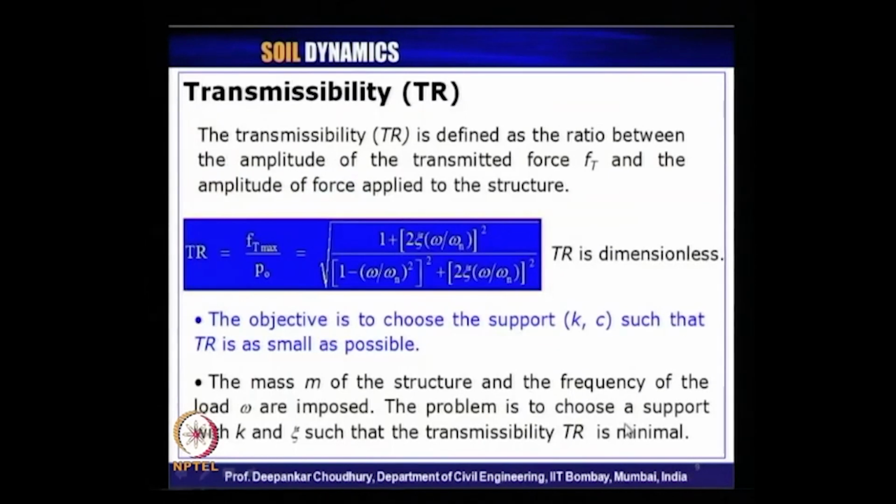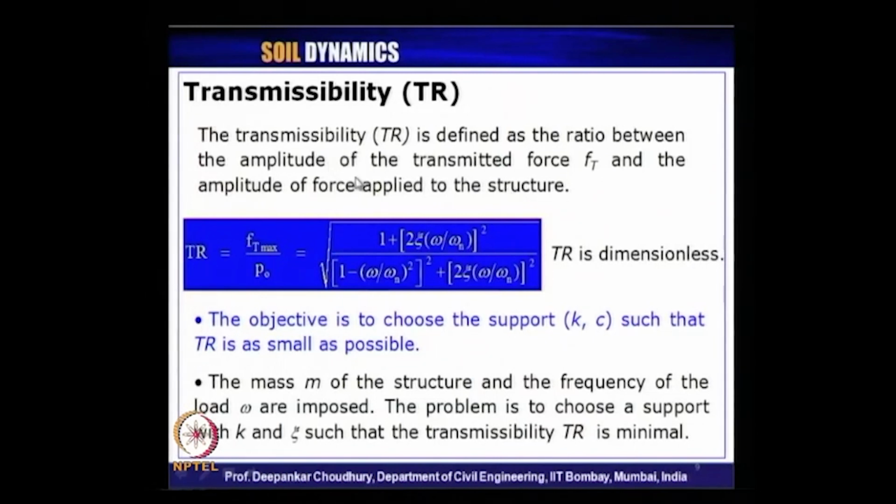Now, coming to our new topic today, we are starting with a terminology which is called transmissibility ratio, or in short it is expressed as TR. So, what is transmissibility ratio? Transmissibility ratio is defined as the ratio between the amplitude of the transmitted force F t and the amplitude of the force applied to the system or to the structure.